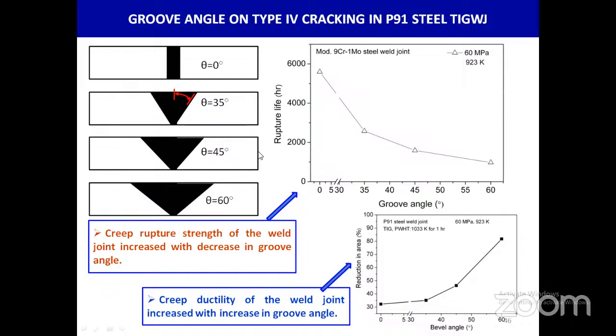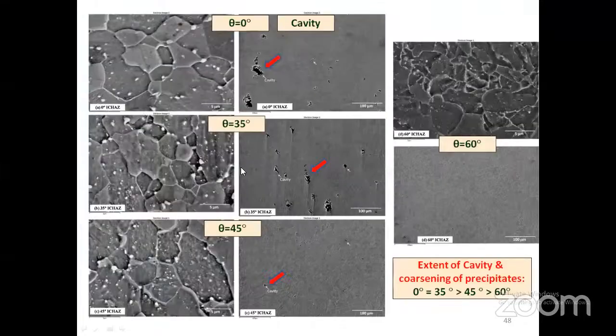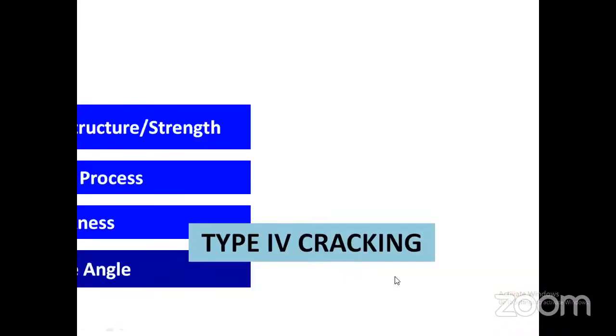These multiple thermal cycles also damage the base metal microstructure, resulting in lower creep strength, which we can see here. The damage is in the heat affected zone, type 4 cracking in all the samples, with creep cavitation damage. So, if possible, a square butt joint or a 35-degree groove bevel angle is suggested for better component life.